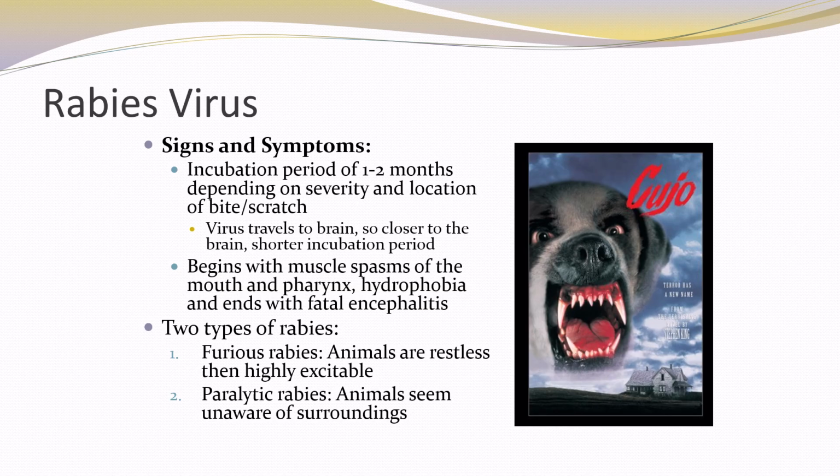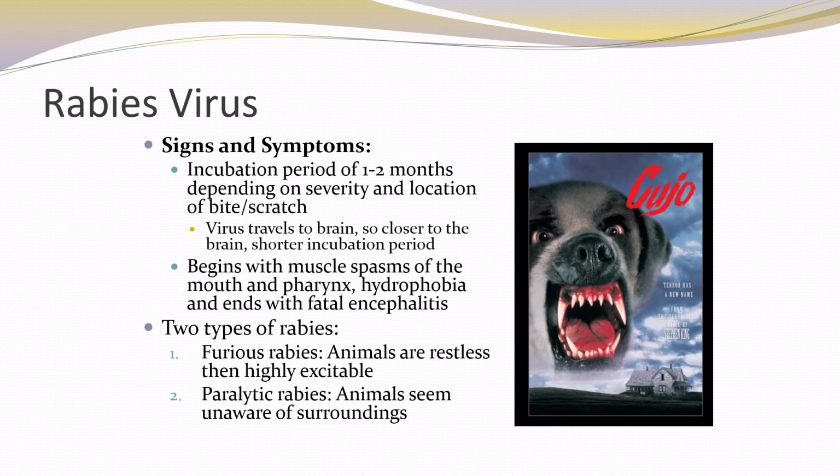So, in order for the host not to die, because that's not what the virus wants, the virus wants to be passed on to another host, it makes their current host afraid of water so that their host doesn't go anywhere near it. That means that we see a lot of infected animals with rabies die of dehydration before they even die of encephalitis, which is kind of interesting. I mean, sad, but interesting.